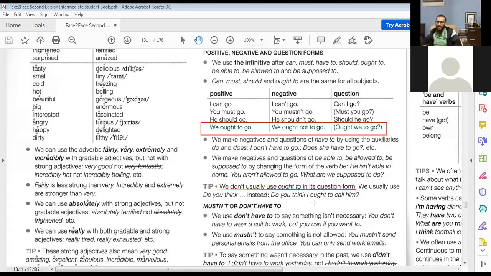Do you get the idea? So it is correct if you say, ought we to go, or ought we to buy the car, or ought we to whatever, ought we to infinitive. It's correct grammatically. It's just really strange. It's awkward. Do you know this word, awkward? Awkward.